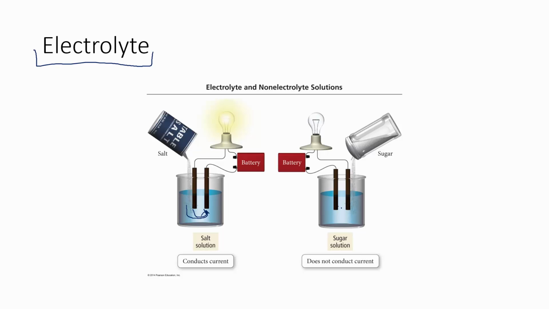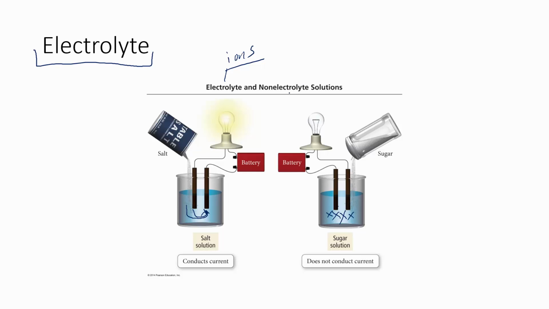If things dissolve but don't dissociate into ions, they do not help charge move through a solution. And therefore, if you hook a light bulb up to a battery and stick two electrodes into a solution, if it is an electrolyte solution, meaning you have ions present in that solution, then you will get conductance and the light bulb turns on.